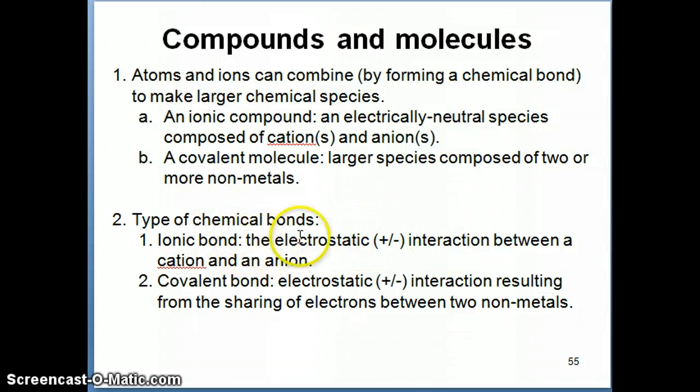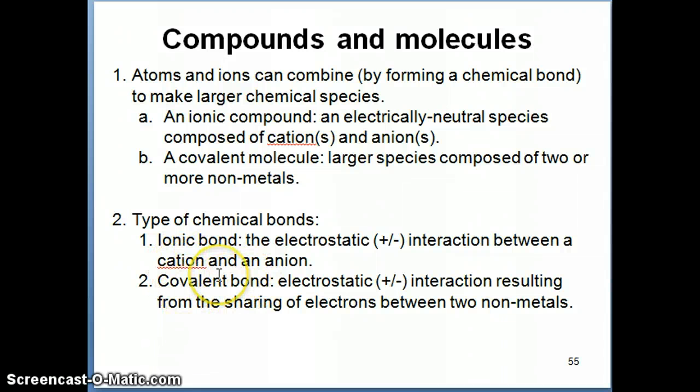So an ionic bond is basically this type of interaction, electrostatic interaction, between a cation and an anion. It could be between several cations and several anions, but it's usually defined as a single interaction between one of each type of ion.